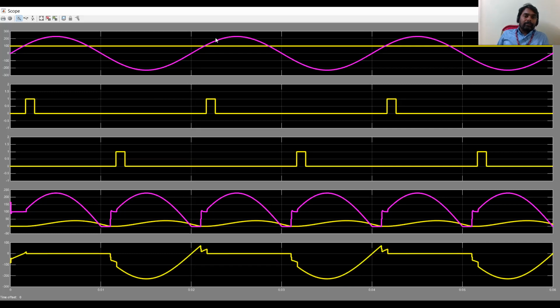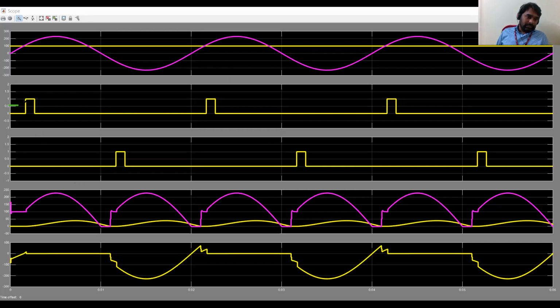Just now we have seen that when the current is becoming 0, there is no output voltage, no doubt, because the load is short circuited by any one of the legs. It may be A leg, it may be B leg. That is why we got 0 voltage.